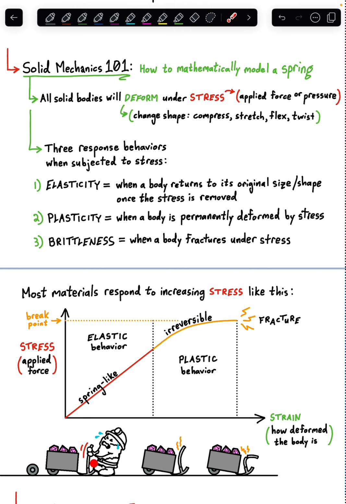Now the handle and most materials are going to exhibit a spring-like elastic behavior when subject to relatively small applied forces, relatively small stresses. That is, the strain will increase linearly with the stress, this linear relationship here. So when you double the applied force, you should double the strain.